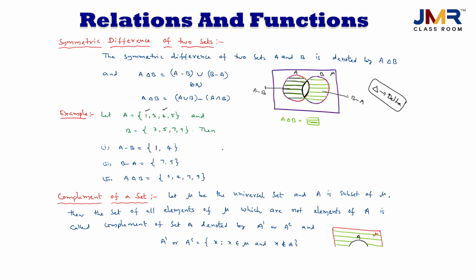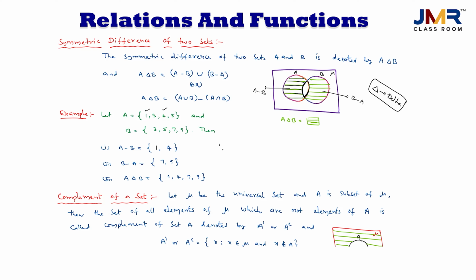B minus A, those elements which are present in B but not in A. So B minus A equals 7, 9. Then A delta B equals 1, 4, 7, 9 because A minus B union B minus A.